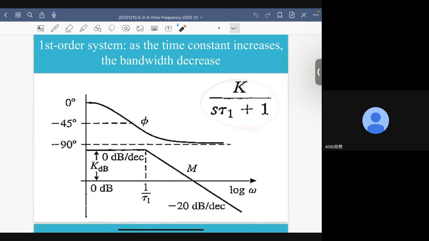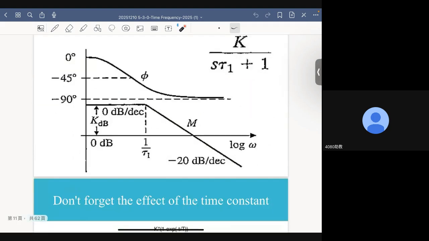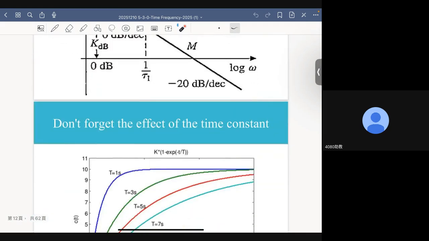So the break frequency or the corner frequency is actually located here. Remember, again, as I said many times, tau is the time constant, all right? So when tau is smaller, then this part will extend further to the right, which means I have larger bandwidth, all right?